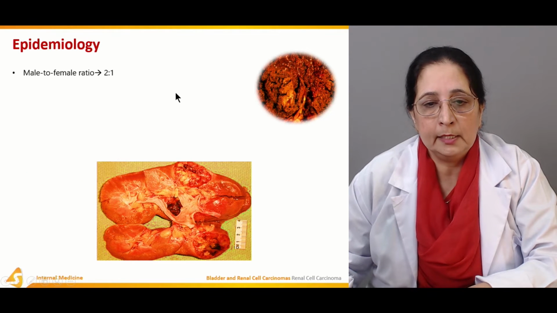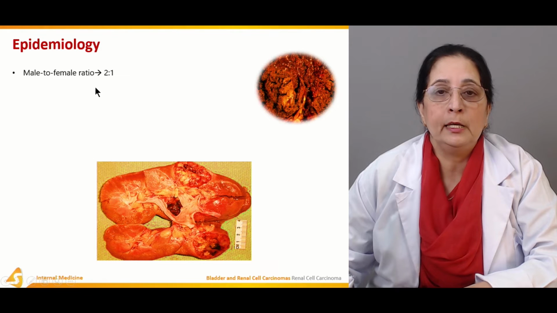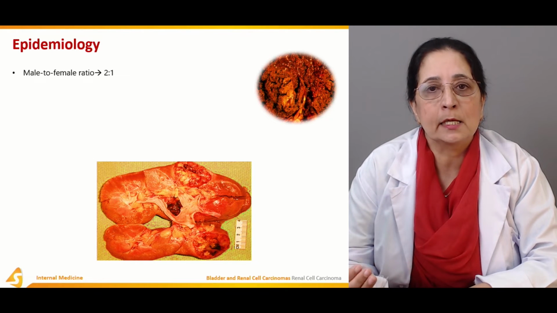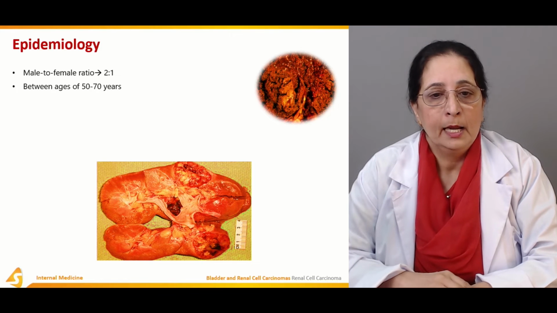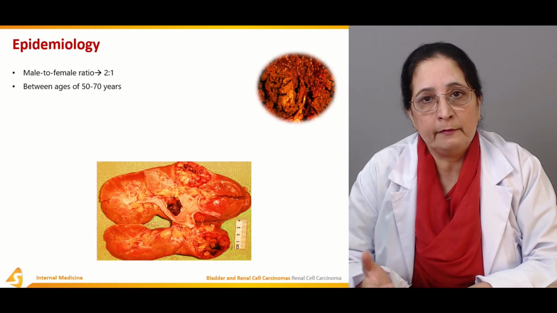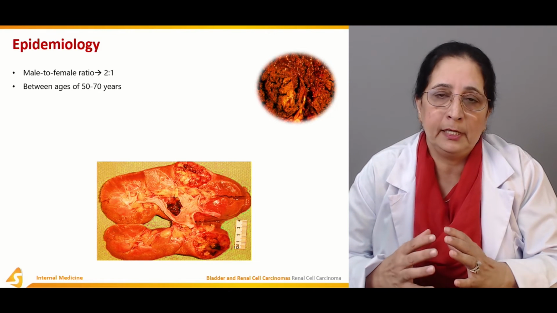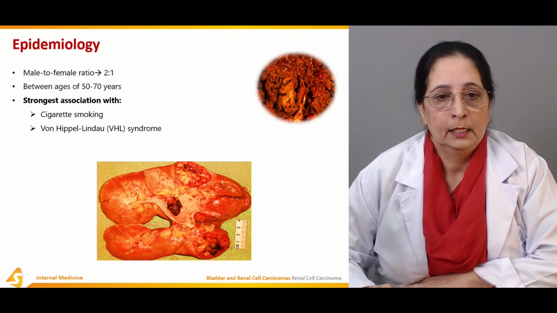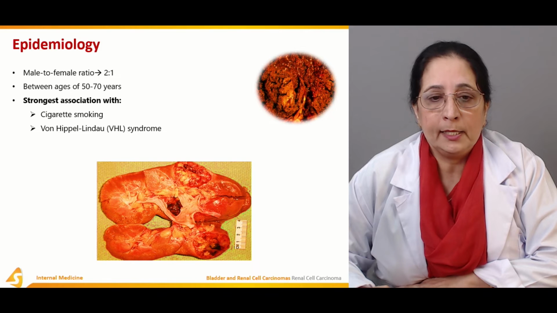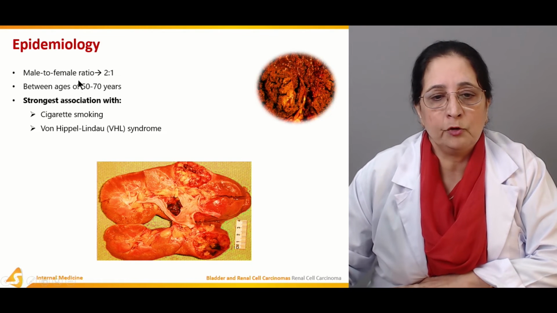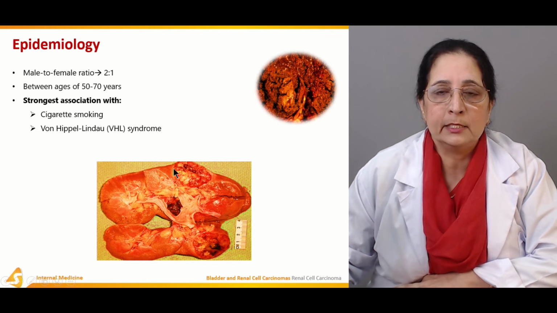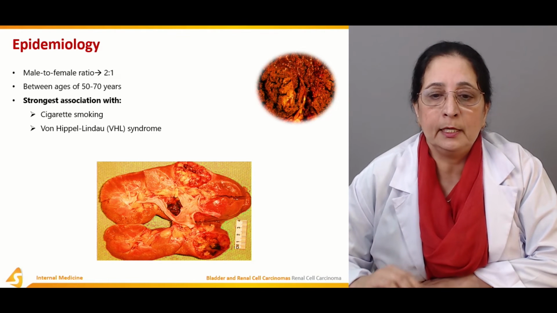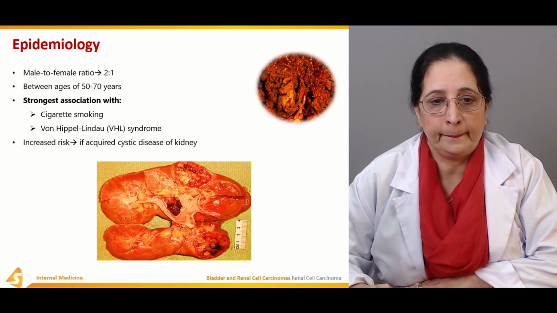Epidemiology of renal cell carcinoma: the male to female ratio is 2 to 1, so it's more common in males as compared to females. It's between the ages of 50 to 70, so it's not a cancer of the young, it's a cancer of the middle age. The strongest association is with cigarette smoking and with von Hippel-Lindau syndrome; renal cell carcinoma is very closely associated with this syndrome.